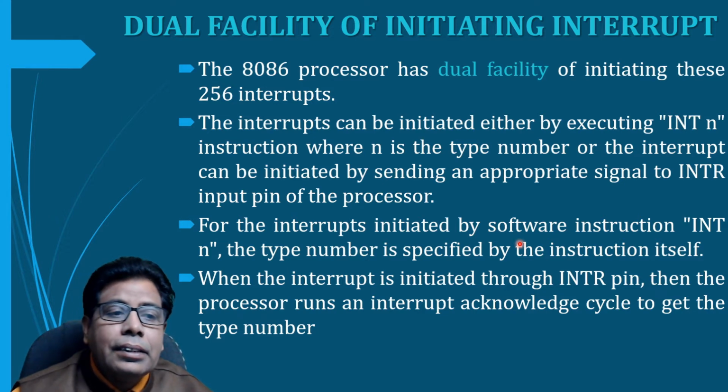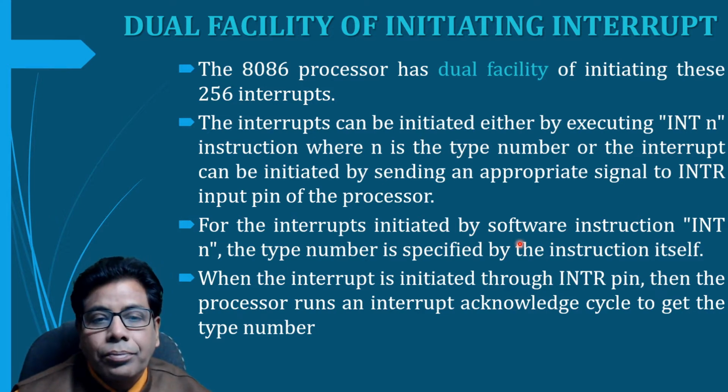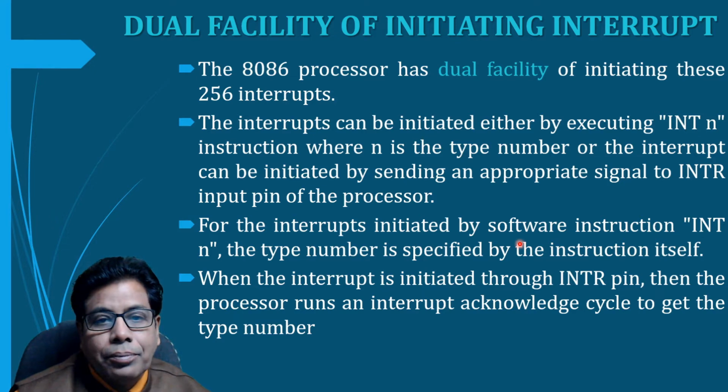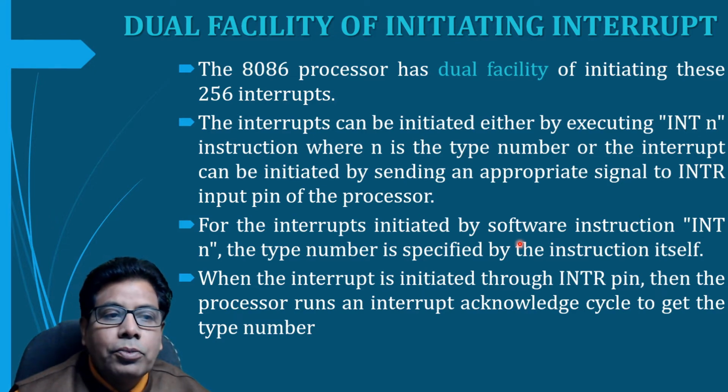That means there is a dual facility. Either you can initiate the interrupt by executing an INT N instruction, and the value of N is from 0 to 255 in decimal, or 00 to FF in hexadecimal. So a total of 256 interrupts can be initiated by the INT N instruction.